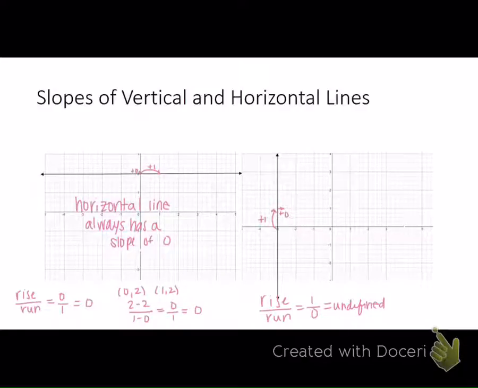So anyways, it is not possible to walk this line. It is undefined, okay? There is no slope for this. It is okay to have 0 on top, but it is not okay to have 0 on the bottom.